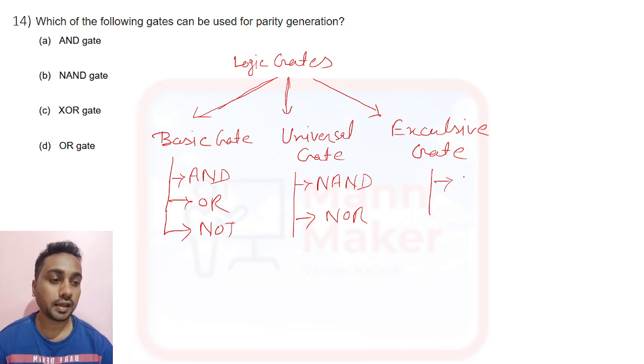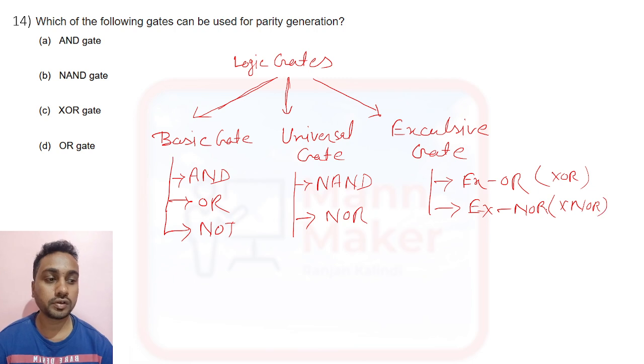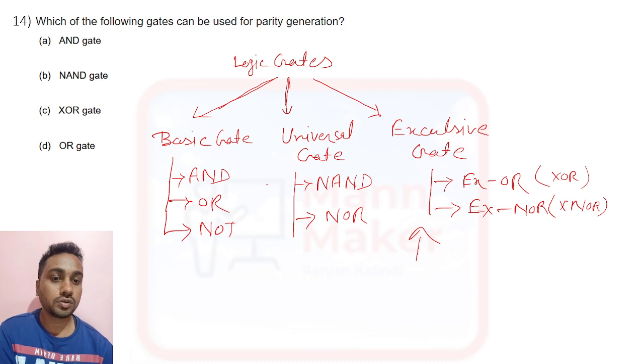Exclusive gates are XOR and XNOR. Okay, these are the gates. Like that, we can also write these gates. So these exclusive gates are used for parity generation and checking. So option C is the right answer.